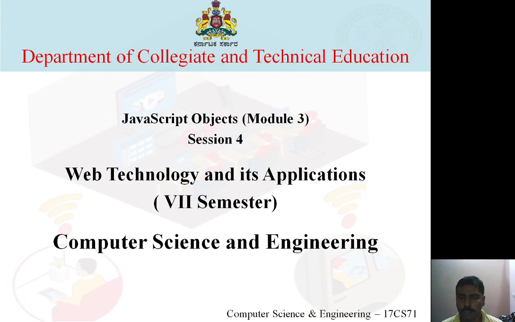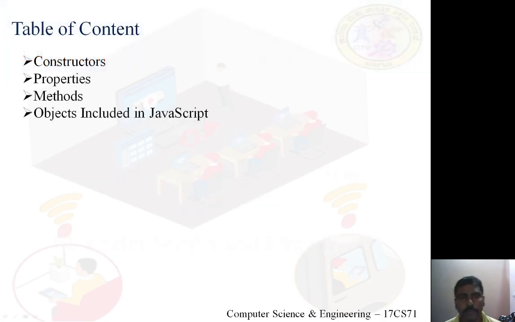So first, let me have a look at the agenda of this session. At first, we will discuss constructors. You guys know what a constructor is. A constructor is used to create an object. Next, we will have a discussion about property. What is an actual property?